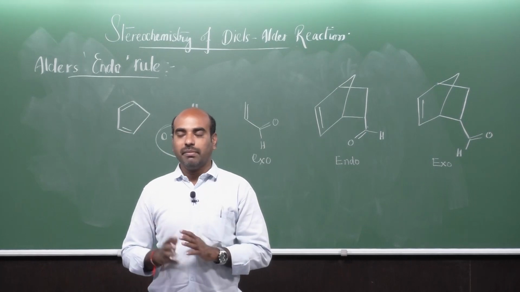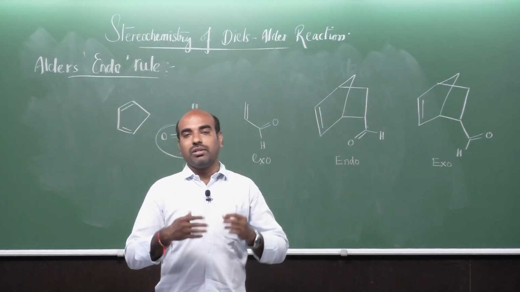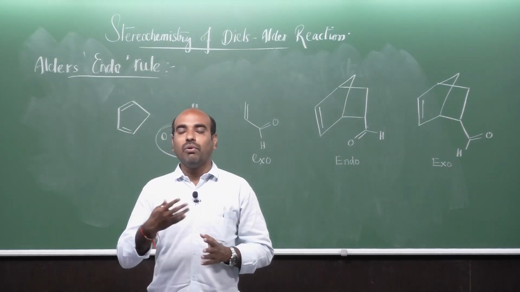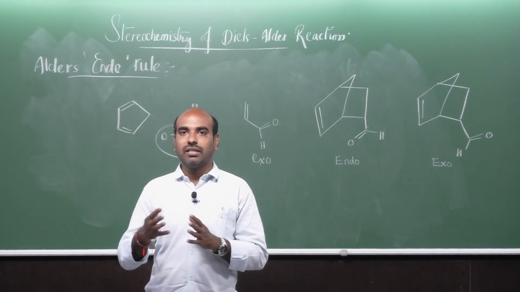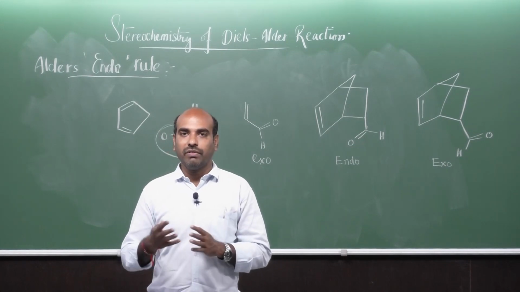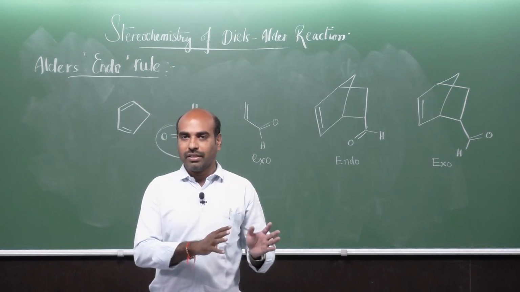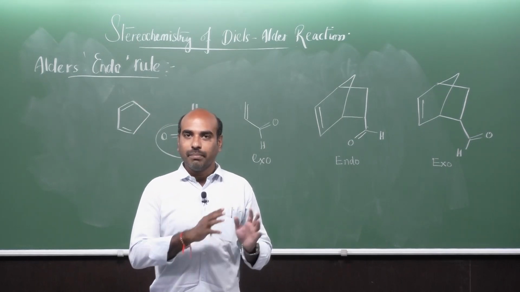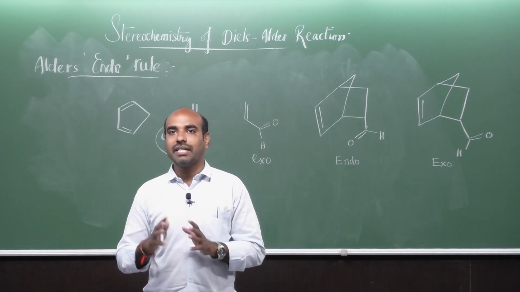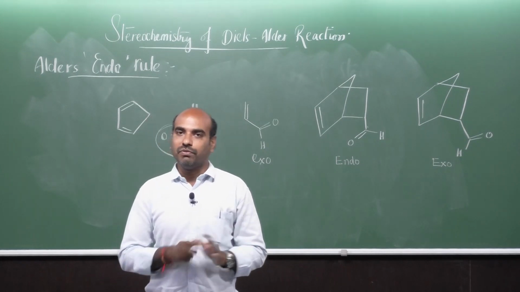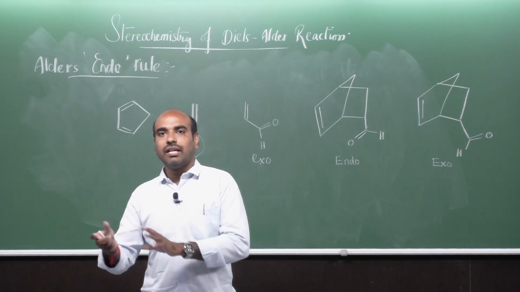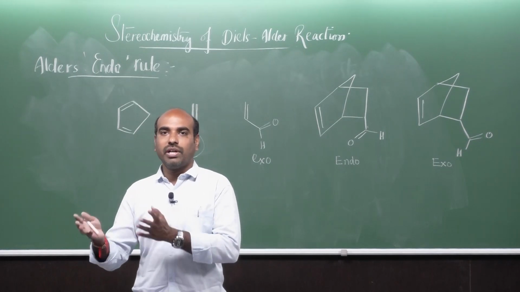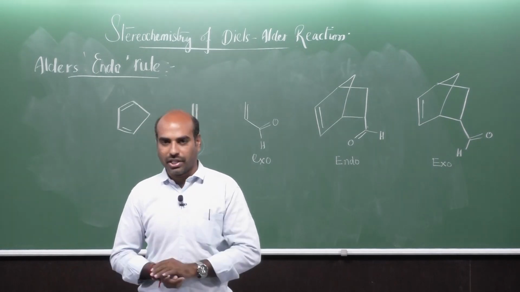Why is the endo isomer the major product? How can we justify that the endo isomer will always be the major product? Conditions apply, right. There are certain conditions, and based on those conditions only can you predict that the endo isomer is the major product. If you change those conditions, then the endo-exo isomer ratio will also change, right.